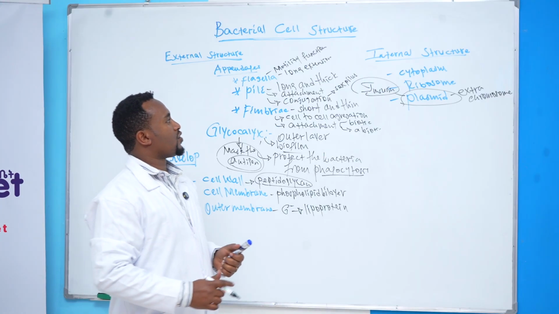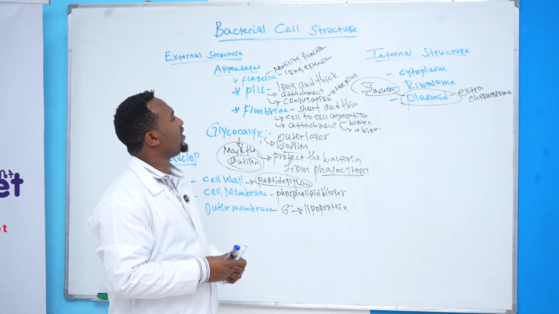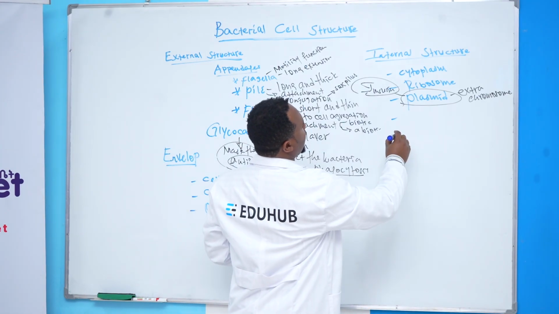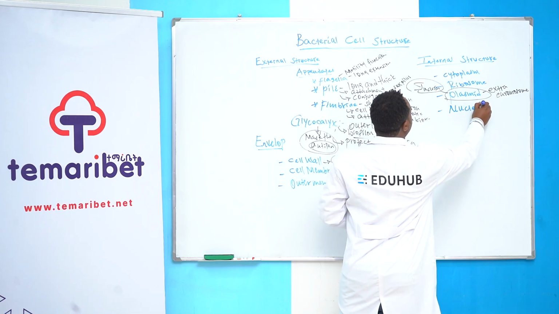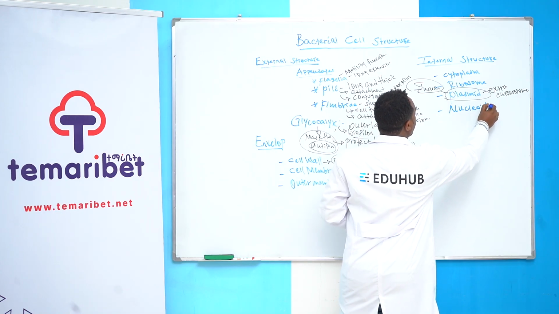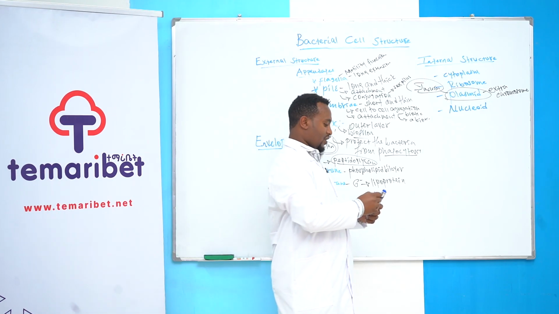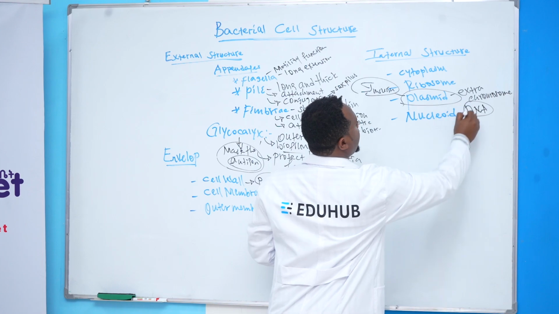So the plasmid is found in the internal structure. And the other internal structure in a bacteria is the nucleoid. The nucleoid is the part that consists of the genome of the bacteria, that is the bacterial DNA and the genetic material.